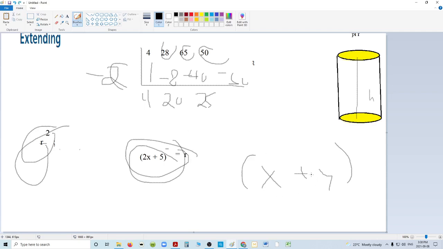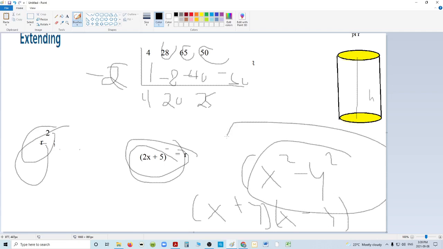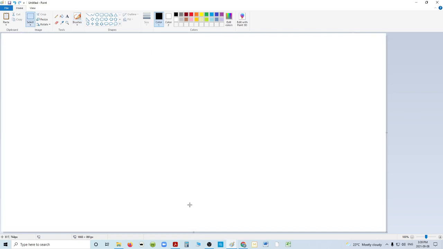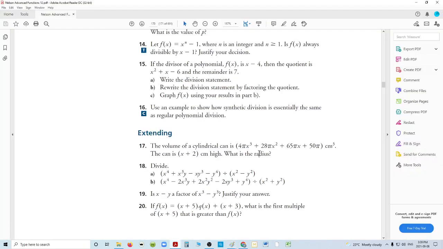Since they're working with minus y squared and minus x squared, they're talking about x plus y and x minus y. And I think they're just trying to show you a version of it. In any case, I'm going to leave that long division to you because you don't need me to do that.